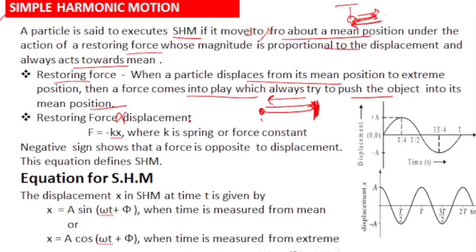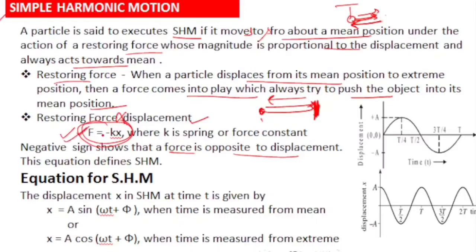So this restoring force is responsible for making the object come back to its original position, and this restoring force is directly proportional to displacement from the mean position, and you can write this as F equal to minus kx, where k is the spring or force constant. Why is this negative sign there? This negative sign shows that the force, or you can say the restoring force, is opposite to displacement. If displacement is in the forward direction, then the restoring force acts in the backward direction, and this defines simple harmonic motion, right?